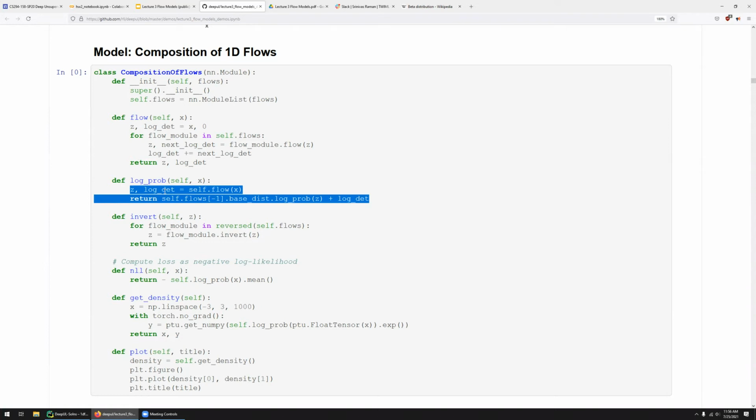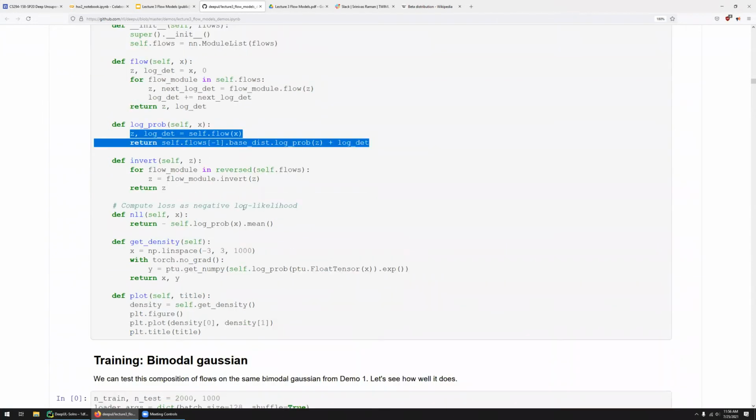And the output of that Z is what you pass in to this self.flows[-1] base distribution. I couldn't have coded this in a million years, but at least we can try and figure out what the code is doing.